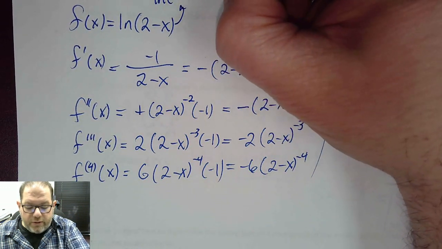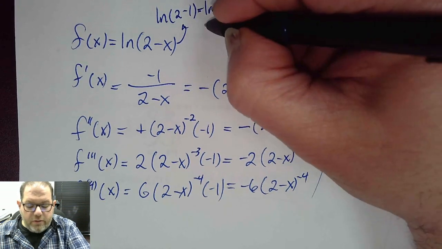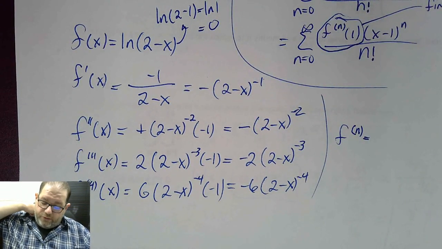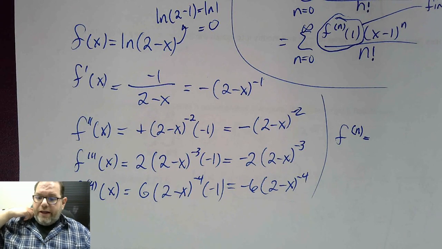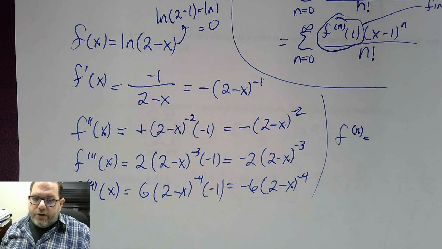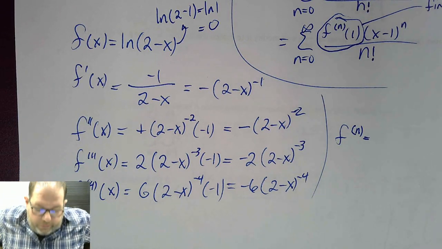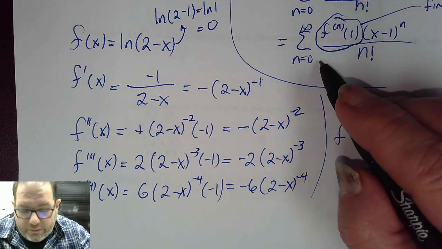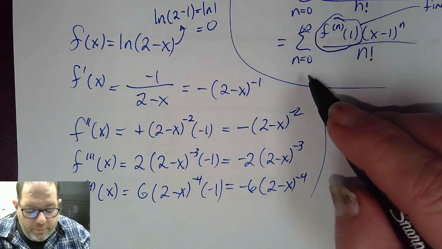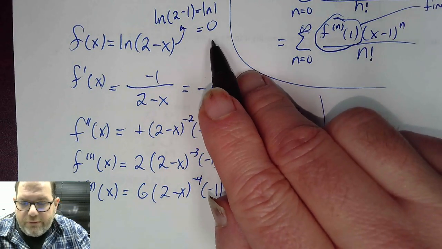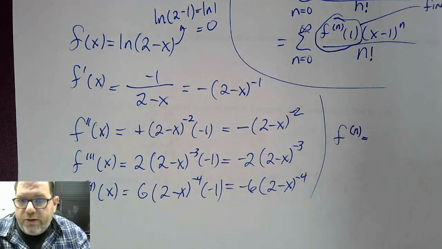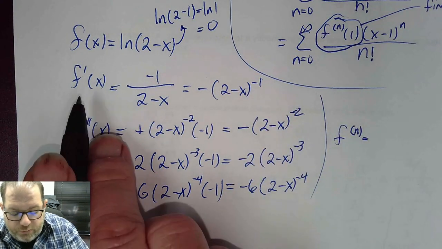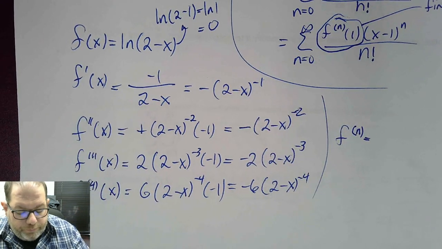That's natural log of 1, which is 0. So the original function is actually equal to 0 at the center c equals 1. So we don't need to start our series at n equals 0, because the first term of the series is 0, so we'll just start at n equals 1 instead. But now let's find a pattern for n equals 1 or more.